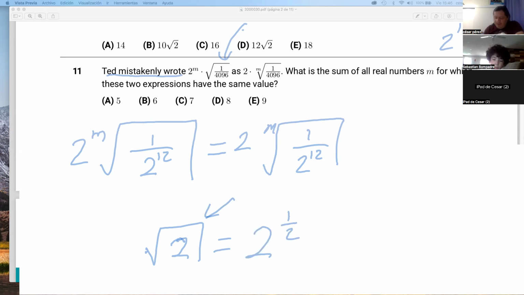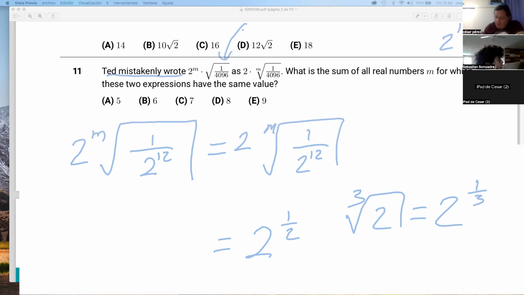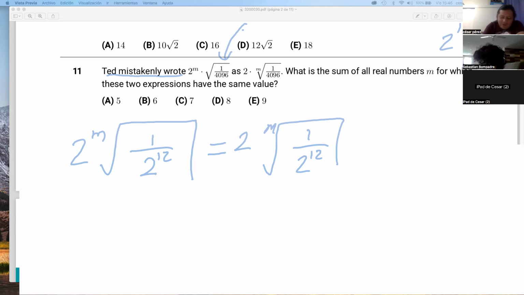Okay, yes. And the third root of 2 is equal to 2 to the third. Okay, so we can rewrite this. Let's start simplifying this one.